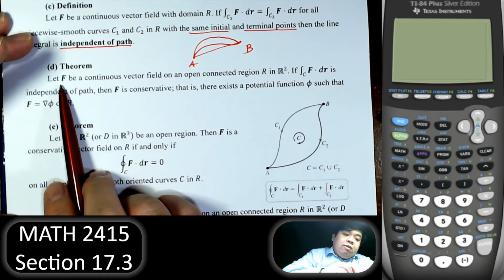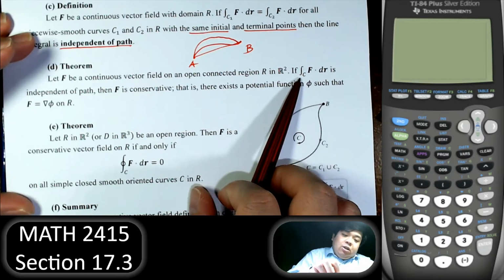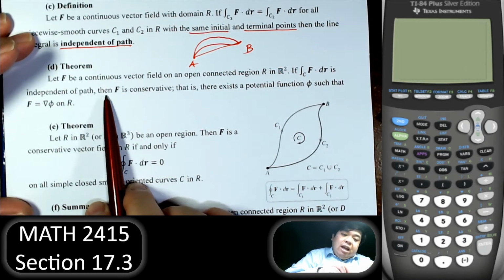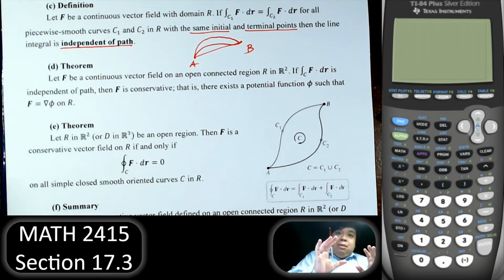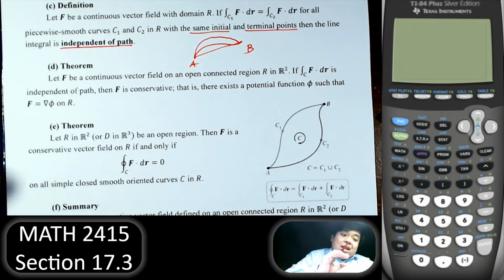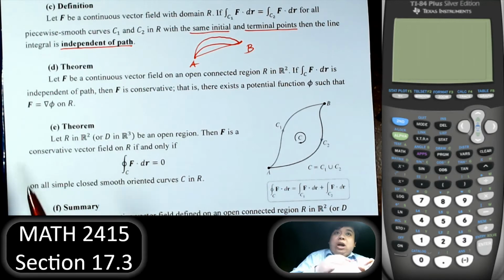Next, if the vector field F is continuous and the line integral is independent of path, then it is conservative. So what we say is, if it is independent of path, then it is conservative. Notice that it is if-then, not if and only if, meaning it only goes one direction.